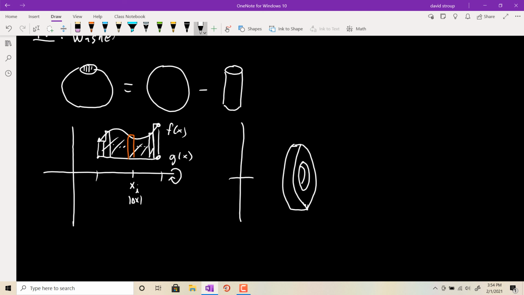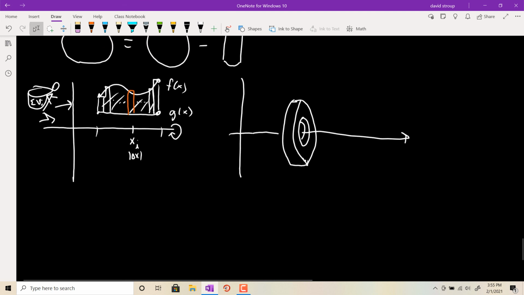Okay, so it's going to be this object, and the Riemann man is running across the x-axis, and of course we could do the y-axis as well, or a non-axis. The Riemann man is running across and picking up all these volumes, which represent volumes of this washer thingamajig. Let me draw in the rectangle. So the rectangle this time should be right here.